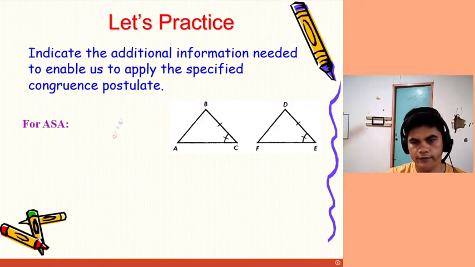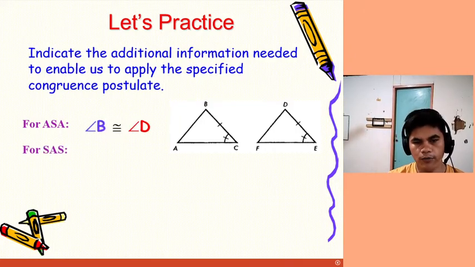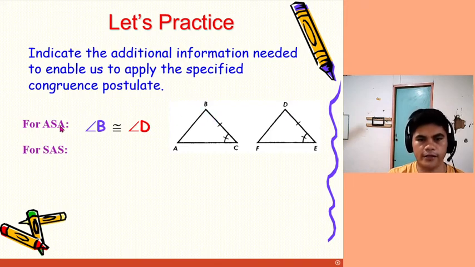So we need at least angle B congruent with angle D. Angle, side. If this is marked as equal, then we can prove it by ASA. So we need this specified part of the triangle.